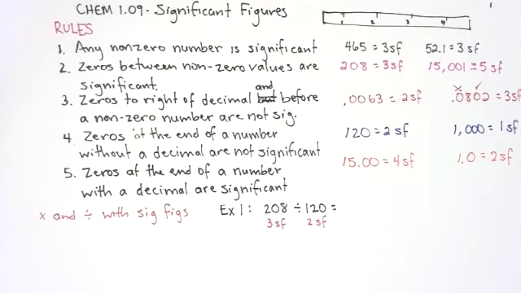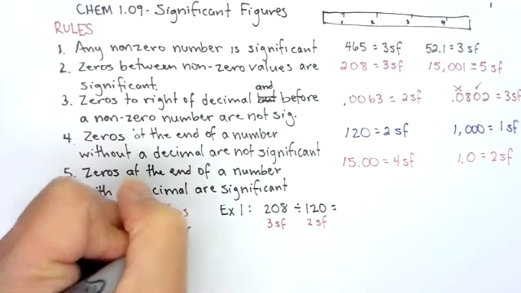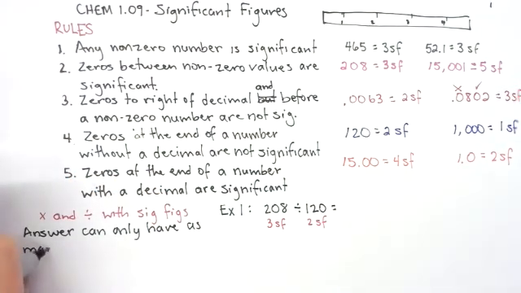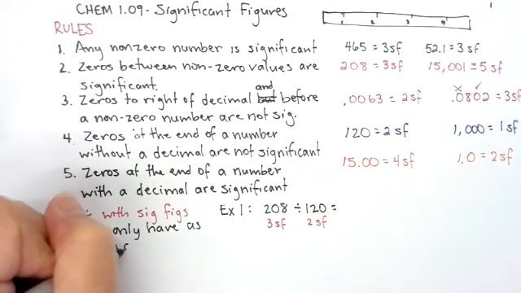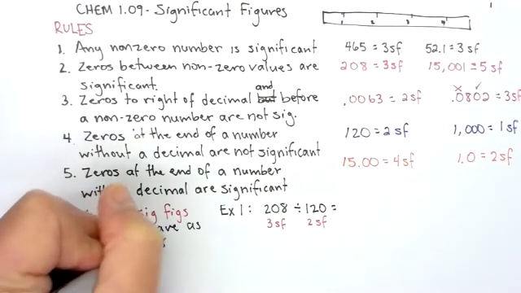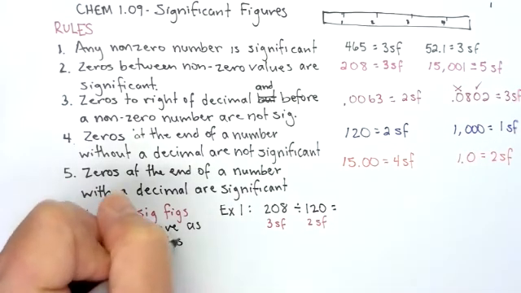Here's the rule. When you're multiplying and dividing with sig figs, your answer can only have as many sig figs as the least multiplier or divider, as the least starting number.